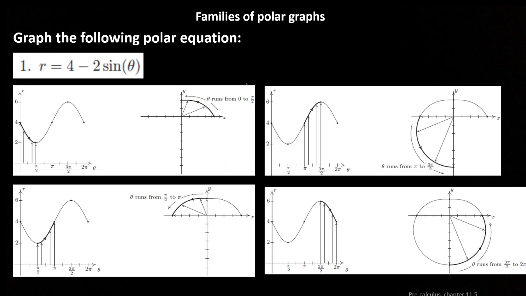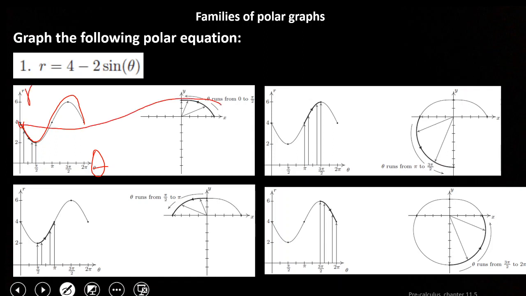So here is another one, and as you see, if you start with this graph in the rectangular coordinate plane, assuming that horizontal is theta and vertical is r, then you can take each point and convert it. For example, at this point when theta is 0, r is what? r starts from 4.